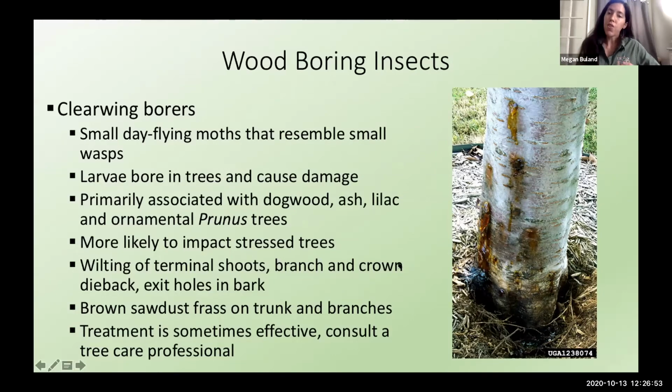So proper mulching and proper watering will go a long way towards reducing the impacts of stress on your tree and helping them be more resistant to these kinds of infections. You might also want to consider that, like we were talking about earlier with the bacterial gummosis, that impacts a lot of our cherries and plums, dogwoods, lilacs, and these ornamental prunus species.